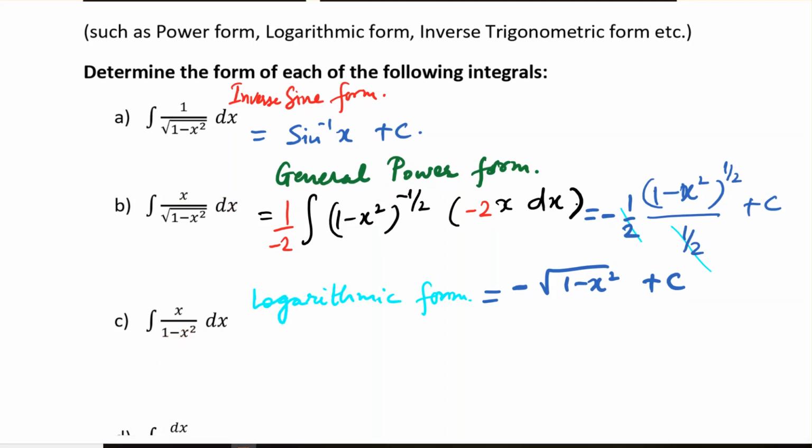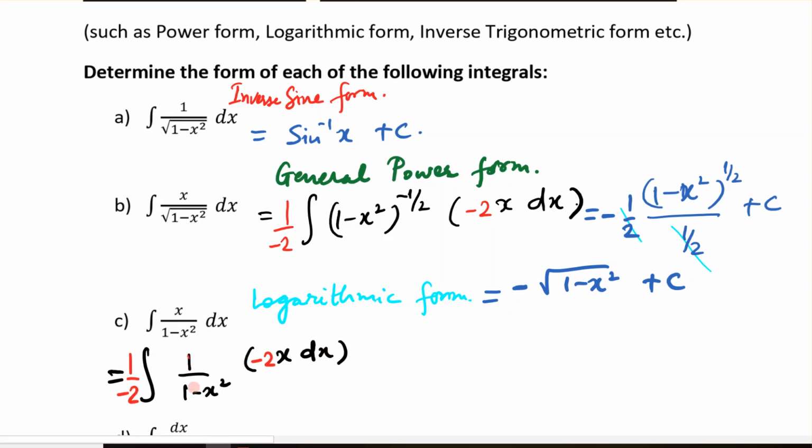So here we can rewrite the function as 1 over f(x), and we need the differential of that, so x dx. The differential of this would need a -2 here, and we're going to compensate for that, so we're going to divide by -2 as well.